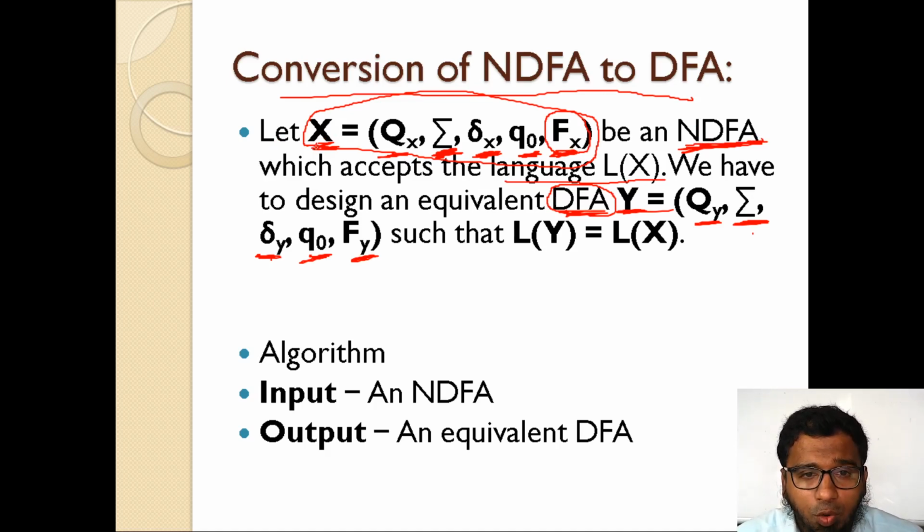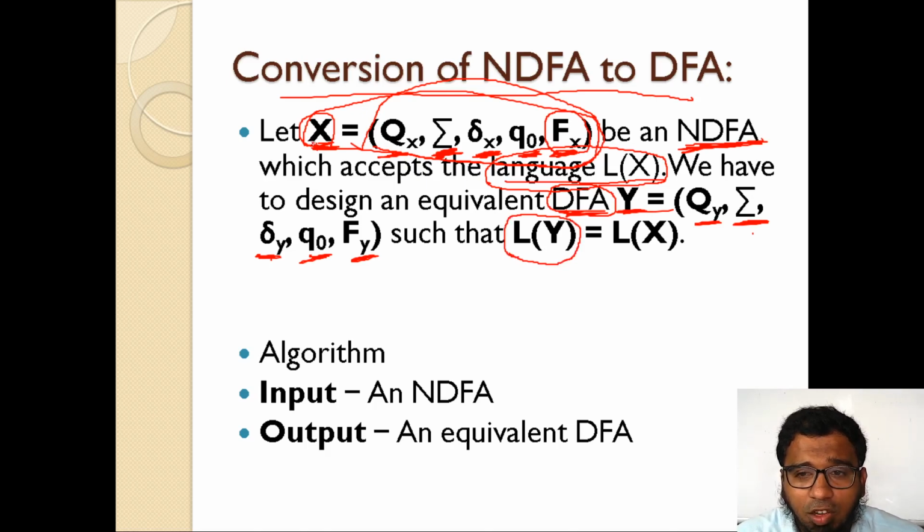We need to take some language, any variable, and all this finite automaton inside X, and the language we are creating with the name L of x, and here also we are creating the language of y.